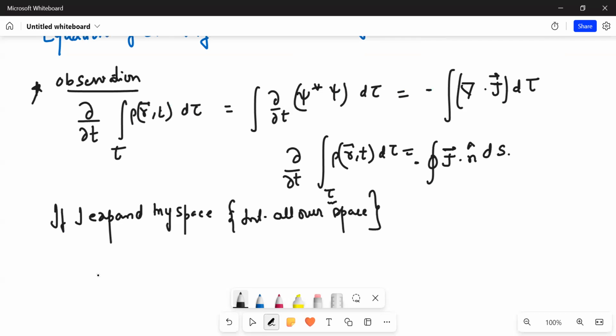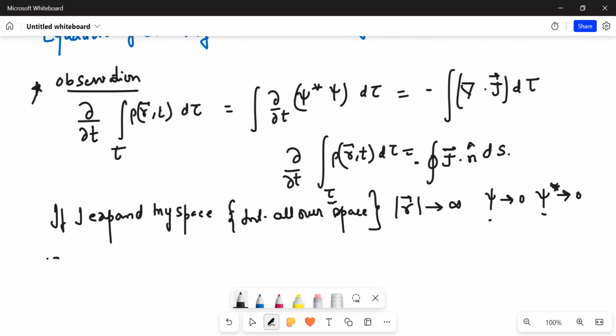Then this will be equal to what? All over space means the r vector modulus tends towards infinity, and as r modulus tends to infinity, both psi and psi star would tend to 0, because this is from the basic postulate.